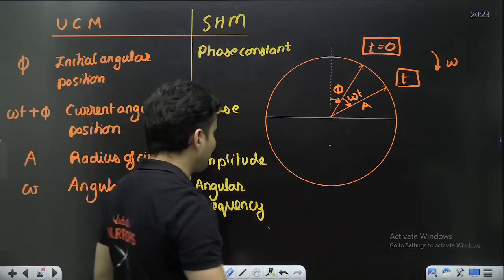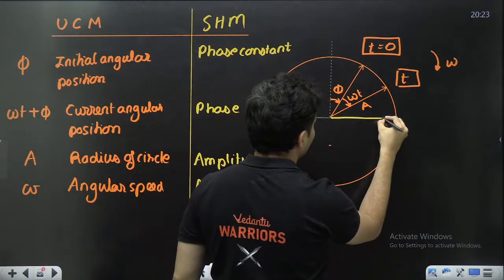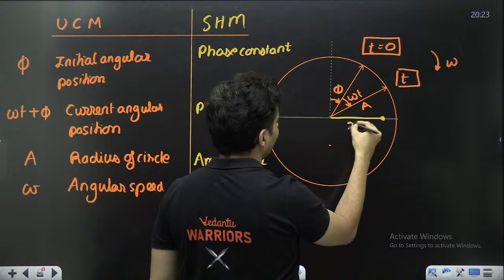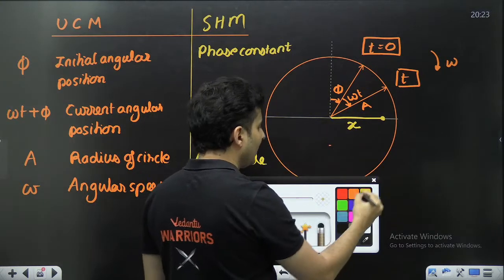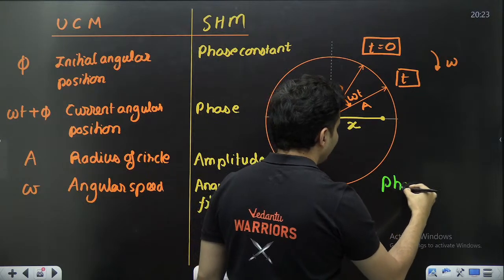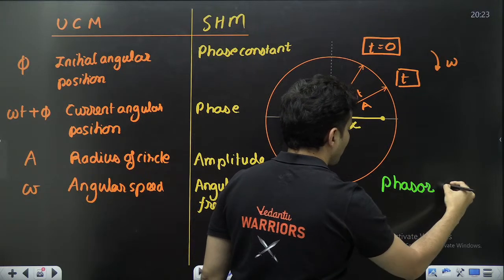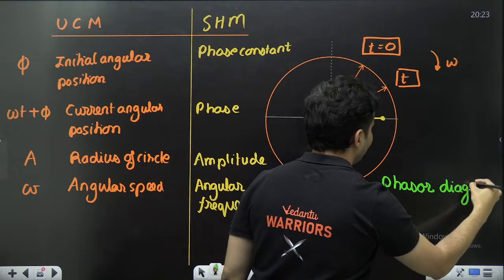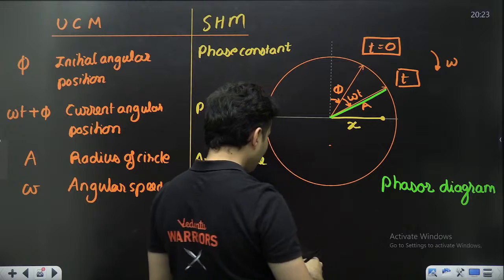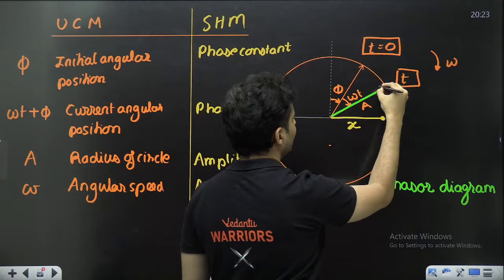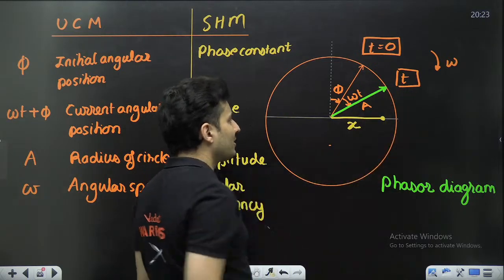What is this diagram called which represents that particular particle performing SHM? This diagram is basically called the phasor diagram. This is your phasor. Strictly speaking, this is the phasor which is rotating.